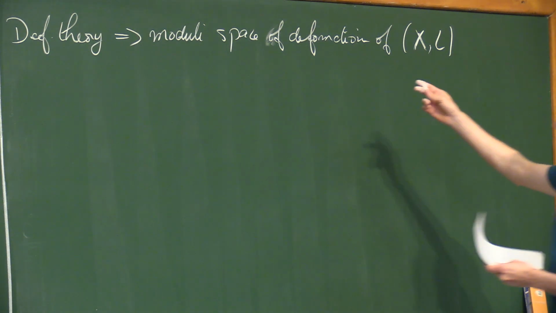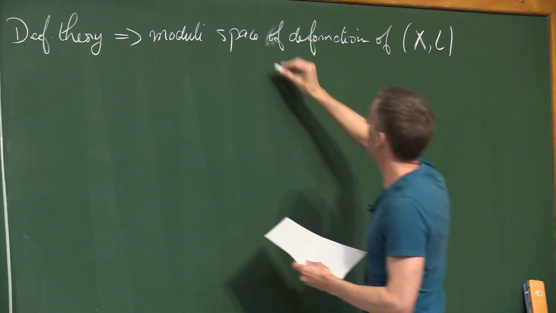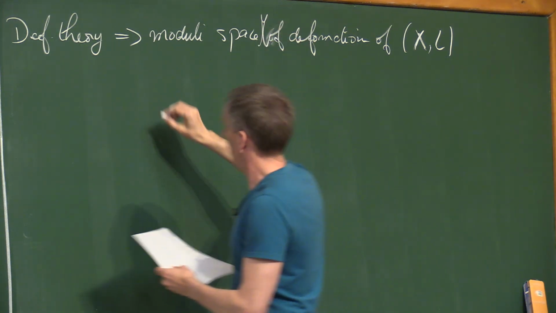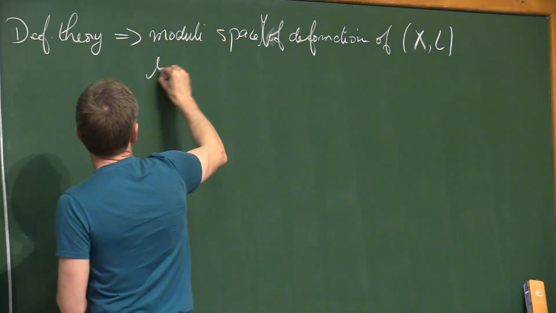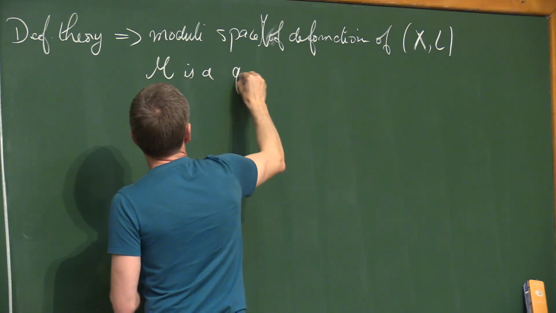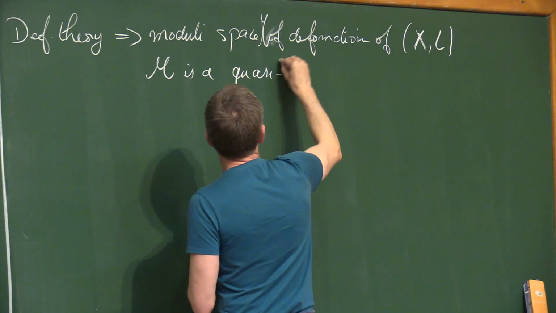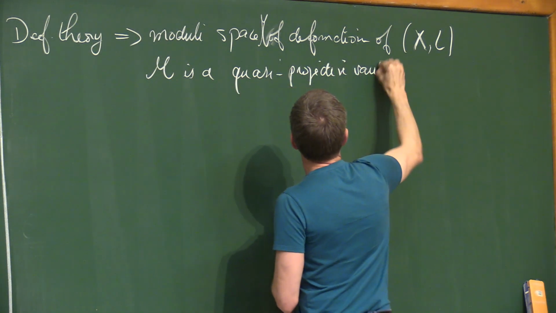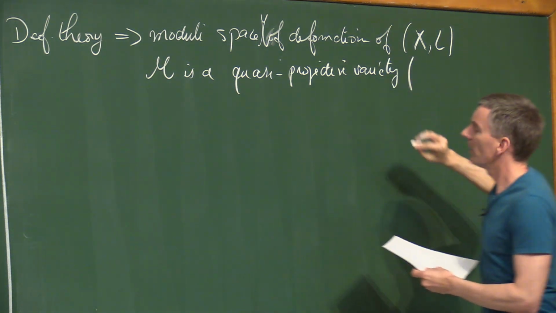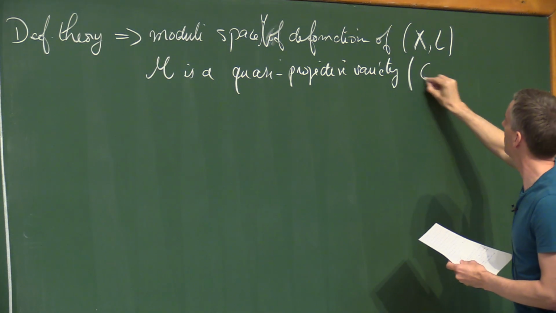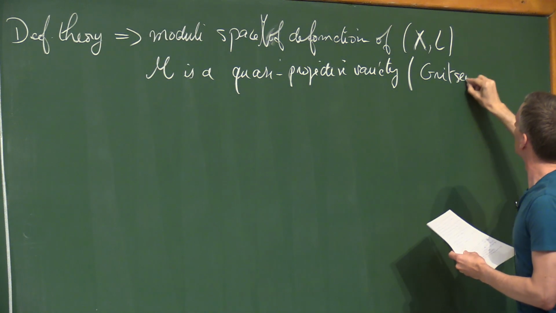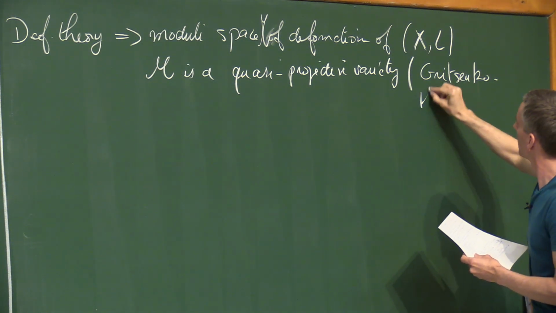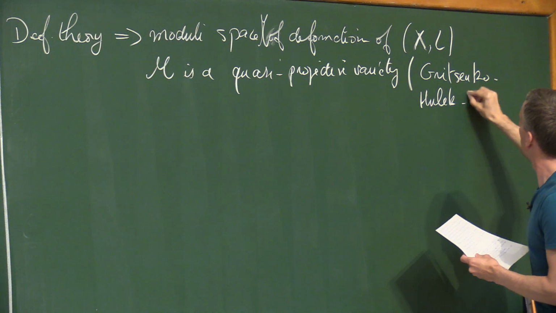And in fact, let me call it M. M is a quasi-projective variety. This is a work of Gritsenko, Hulek, and Sankaran.